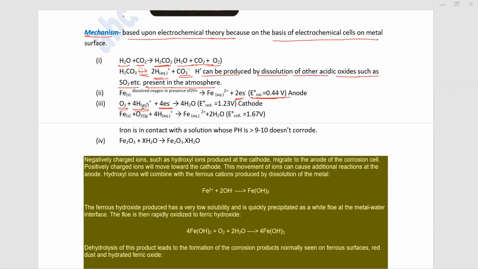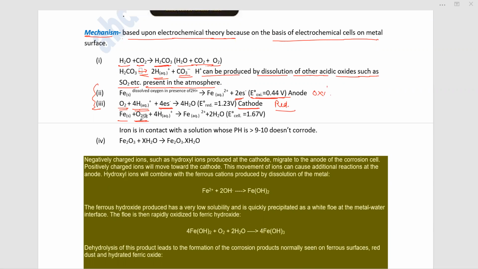That is why this one is oxidation, and this one is reduction. As we know, reduction always takes place at the cathode, and the standard reduction potential of this reaction will be 1.23 volts.